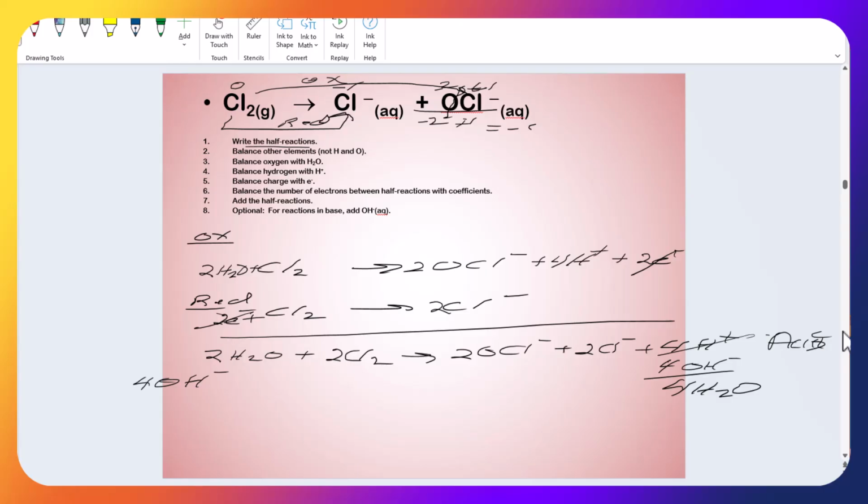And so the 4 H pluses and OH give us, oh look at here, 2 waters on the reactant side, 4 on the product side. So I'm going to cancel 2 of these waters. We are now balanced in basic solution because we've got 4 hydroxides. We've got excess hydroxide here.